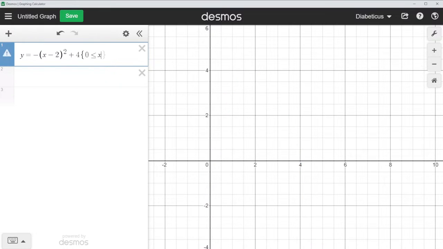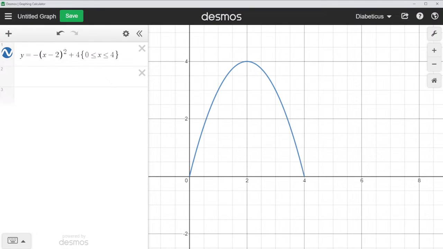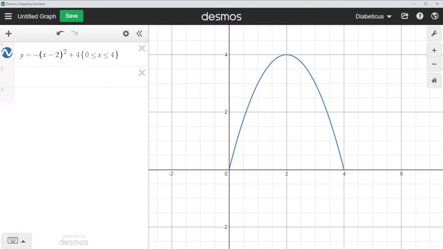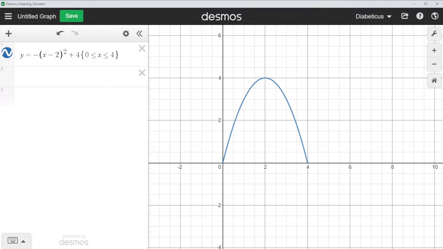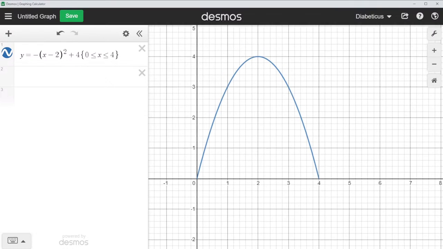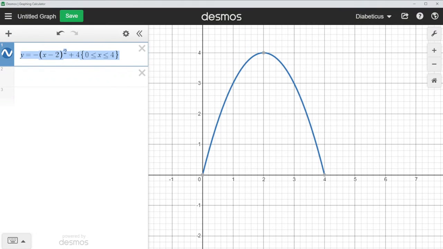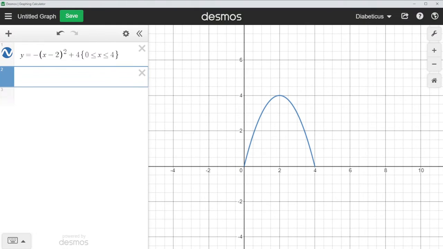It's a parabola from 0 to 4 with translations. So what's the arc length of this?